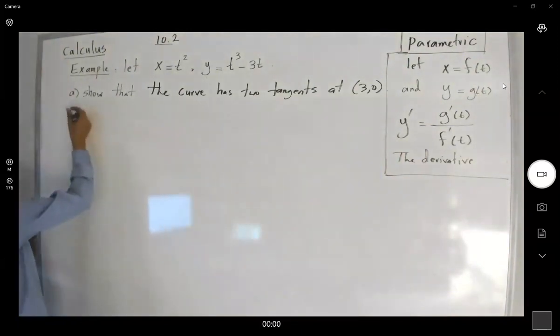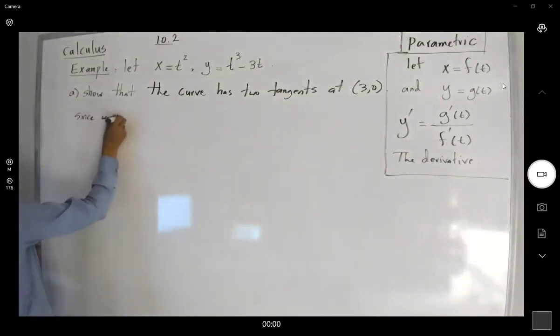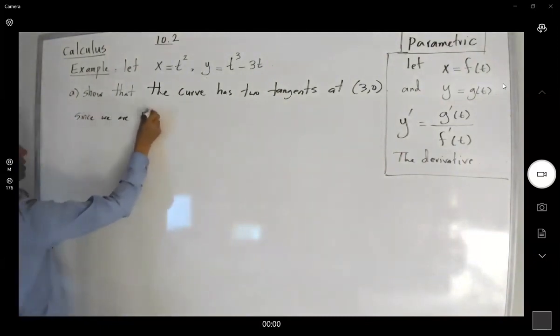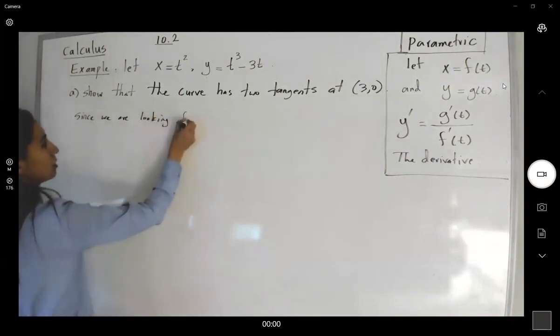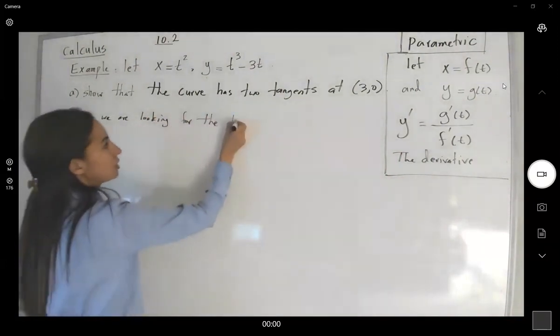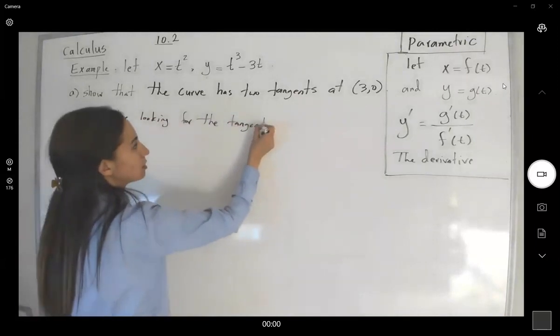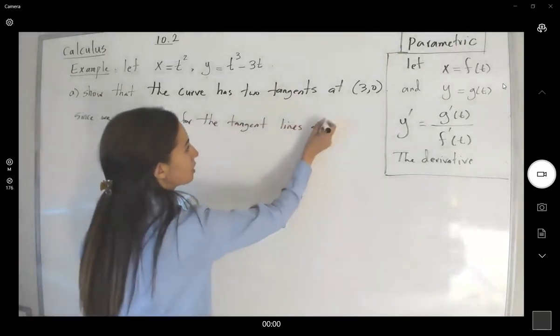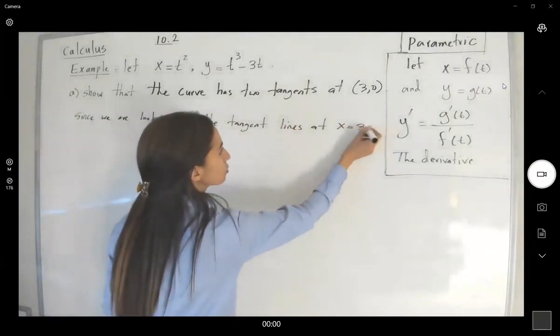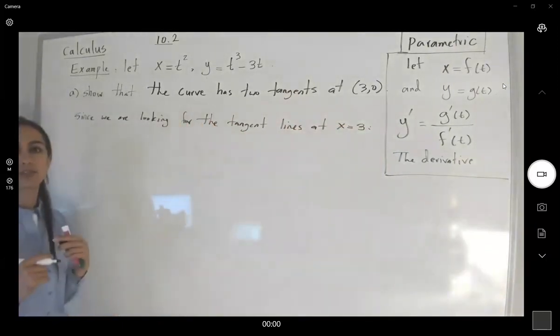So since we are looking for the tangent lines at x equals 3, we need to take the derivative.